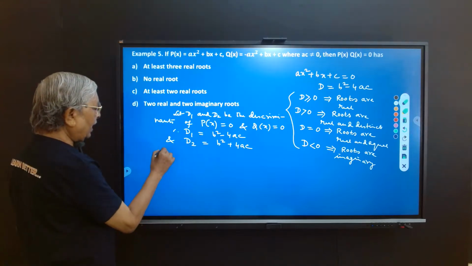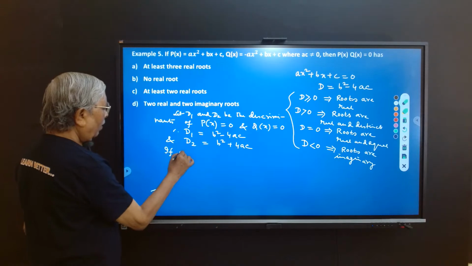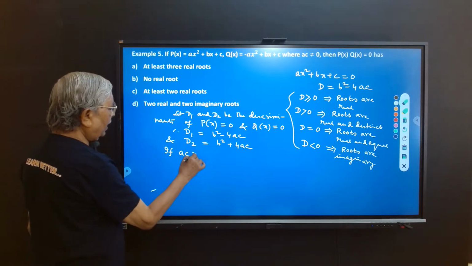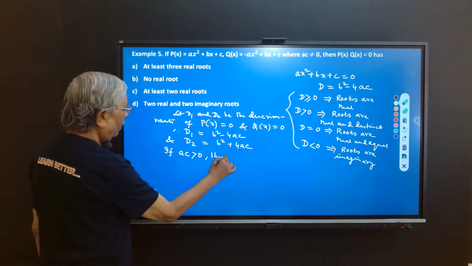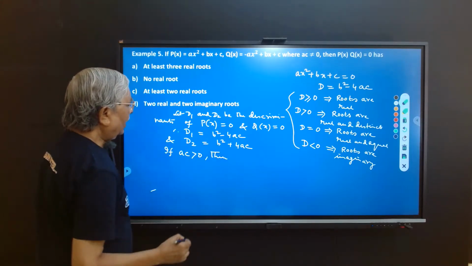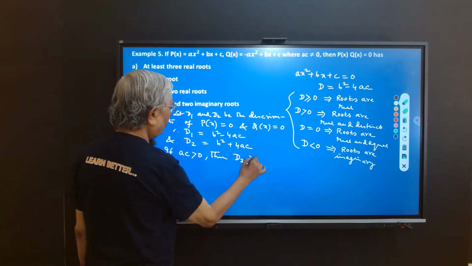So if AC is greater than 0, then D2 is positive.